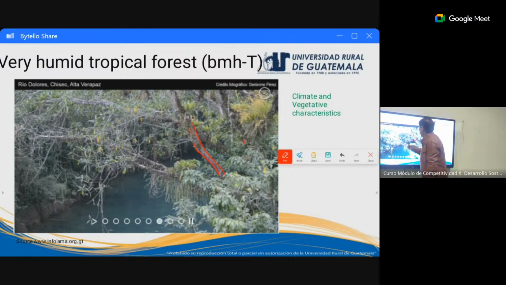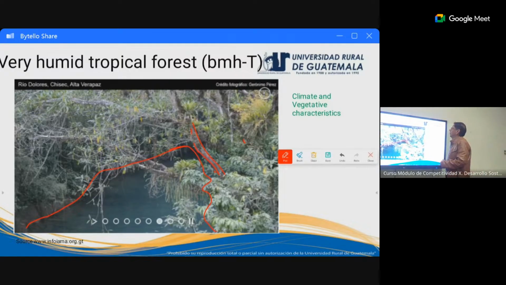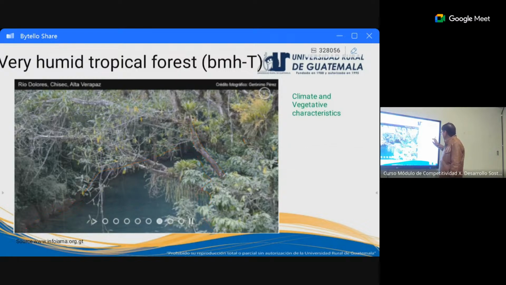Also, too much water. This big portion of water here, big trees. Okay, so in general, these are the characteristics of the very humid tropical forest. This photo was taken in Rio Dolores, Chisec, Alta Verapaz. So this is an example of this climate here in our country.